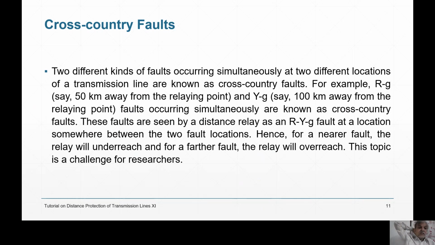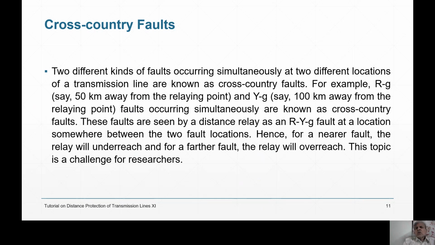So it sees it at 120 kilometers. 80 kilometers was within the first zone, whereas it will be seen in the second zone. So the relay will overreach for that fault. And the fault at 160 kilometers is seen at 120. It is underreach. It should not have operated, whereas it has operated.